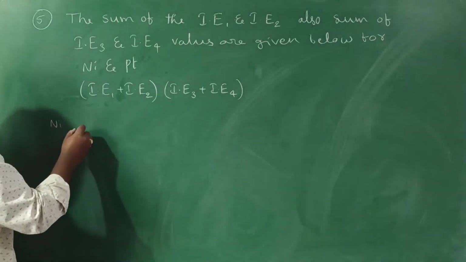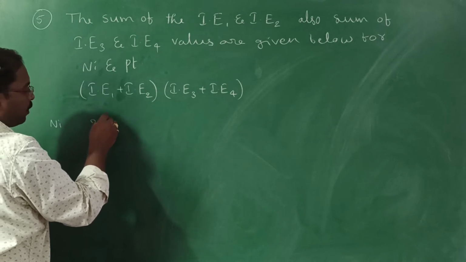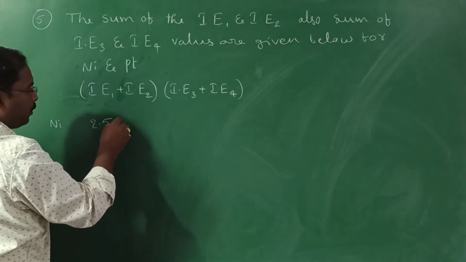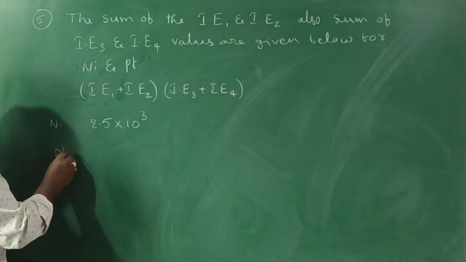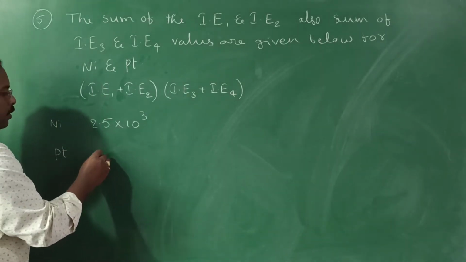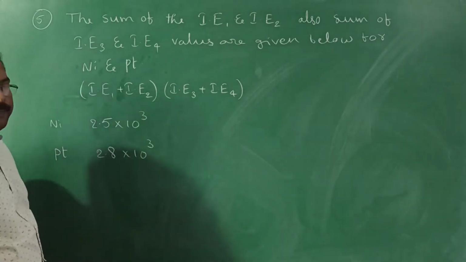For nickel, its value is given as 2.5 into 10 to the power 3 kilojoules per mole, and for platinum it was given as 2.8 into 10 to the power 3.